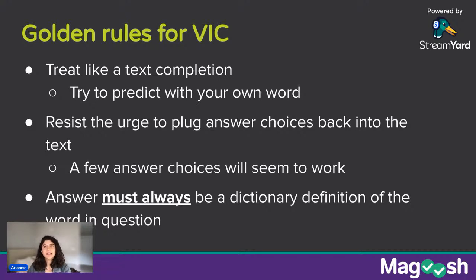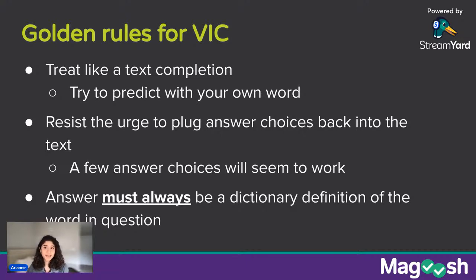Well, what I want you to do is read the sentence, and then whatever the word is, I want you to pretend that it is not there. And once you create this fictitious fill in the blank opportunity, I want you to come up with your own word before you even look at the answer choices.